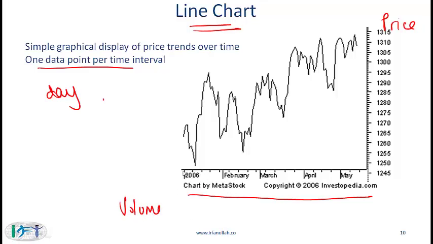So on every day where you have the stock price, you will also have a bar which indicates the level of trading. So on this day, there might be a certain amount of trading. On the next day, you might have a higher volume of trades, which will be depicted by a higher line. So overall, you will have the skyscraper sort of depiction at the bottom, which tells you the trading volume.